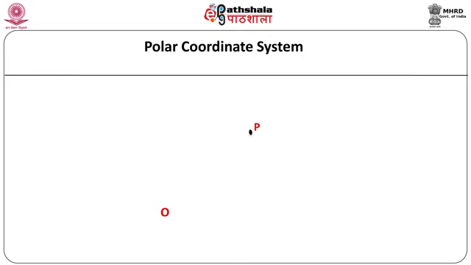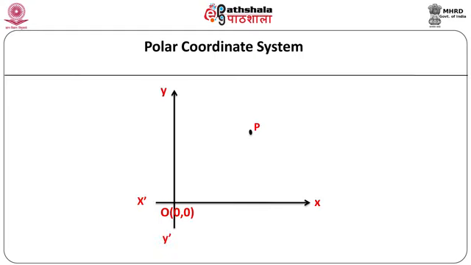Let us suppose that the points O and P represent the observer and the object to be observed respectively. Consider two straight lines mutually perpendicular to each other and passing through point O as reference lines.